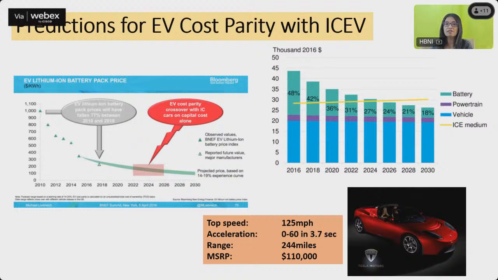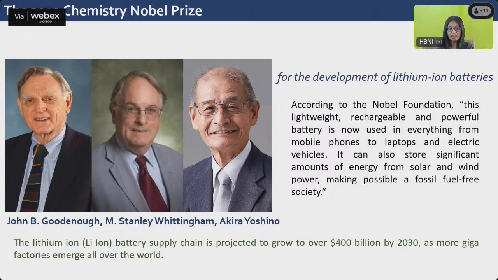Obviously batteries have a lot of applications, and this has been vetted by the Nobel Prize Committee. In 2019, the Nobel Prize was given to three famous professors, Professor John B. Goodenough, Professor Stanley Whittingham, and Professor Akira Yoshino. This was because of their pioneering development in the field of lithium-ion batteries, which are used in all the portable devices we use now, including our mobiles.